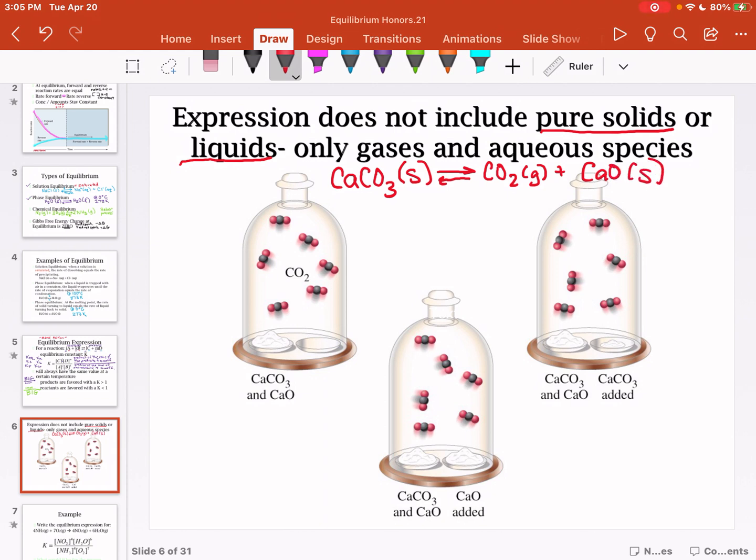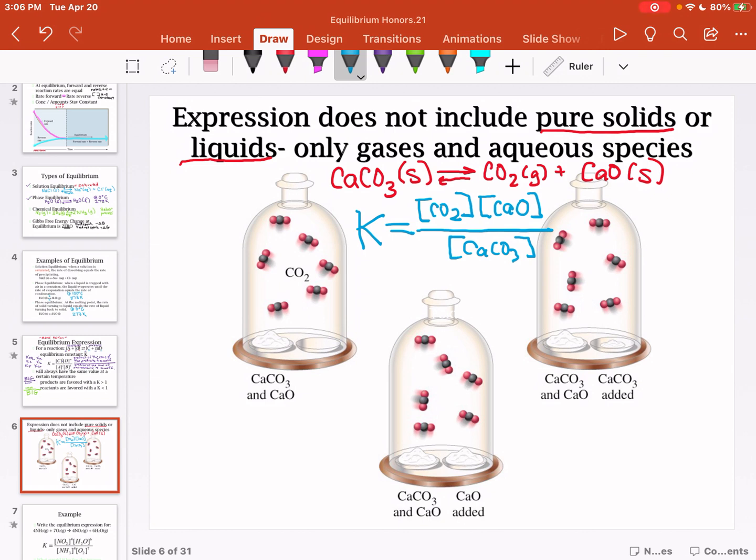So if I go to set up an equilibrium constant expression for this, I'm going to set it equal to K, and I do the product of the concentration of the products. My equation was balanced as written. So I look at the stuff on the right-hand side, I plug them in, and then I put my reactants on the denominator.